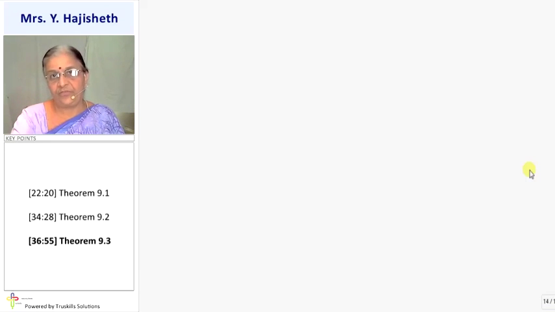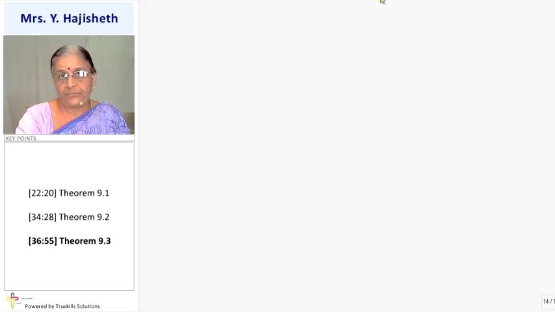Not only that, we are going to use some rules of congruency of triangles while doing sums from 9.1 and 9.2. So you have to remember these 4 theorems about relations, and also those 4 congruence rules of triangles.